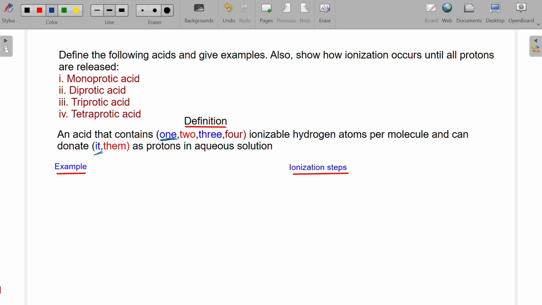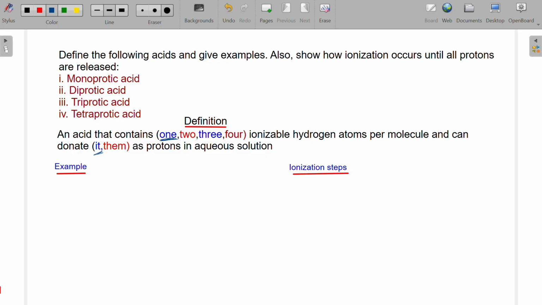So we're not using protons, but we are saying a proton in aqueous solution so that our English is correct like that. So that's how you define a monoprotic acid: an acid that contains one ionizable hydrogen atom per molecule and can donate it as a proton in aqueous solution.